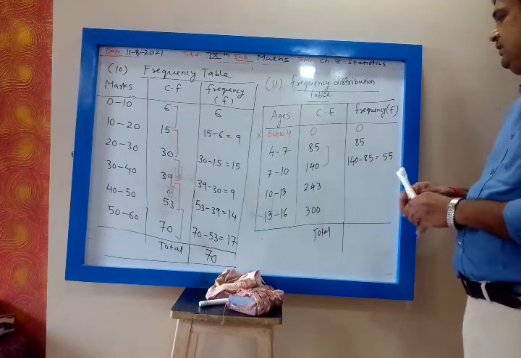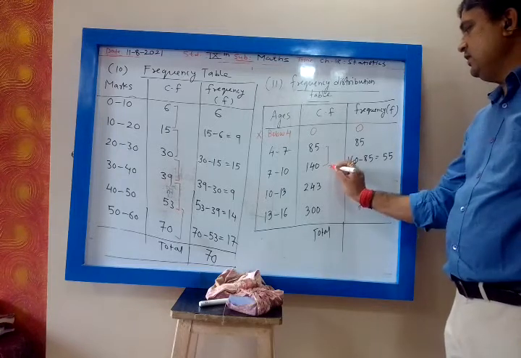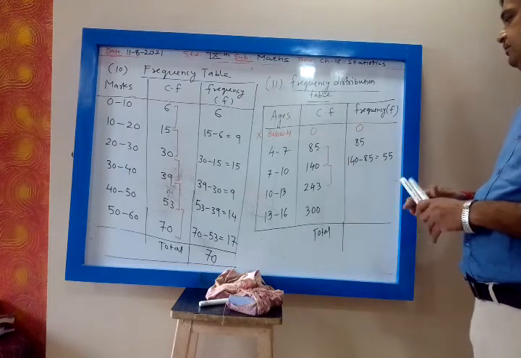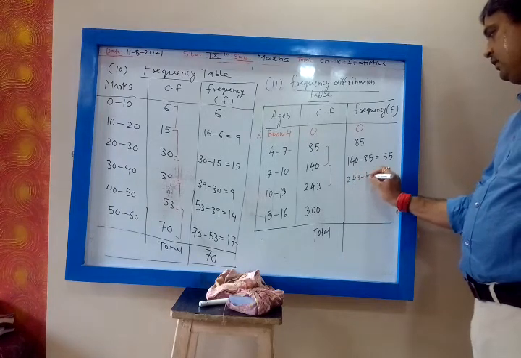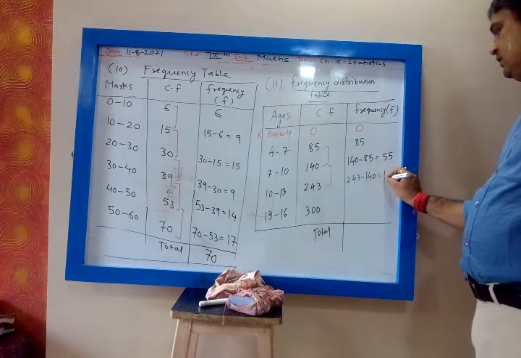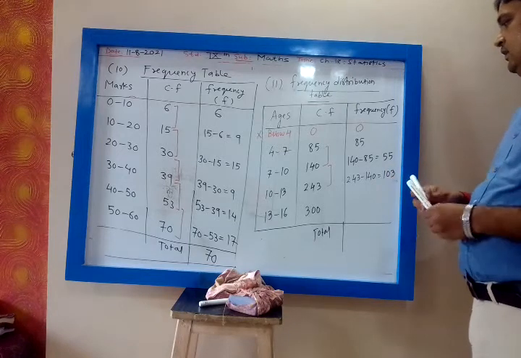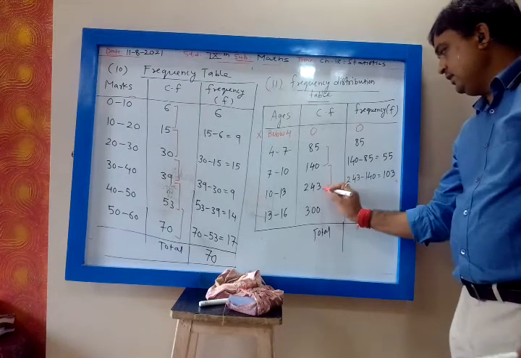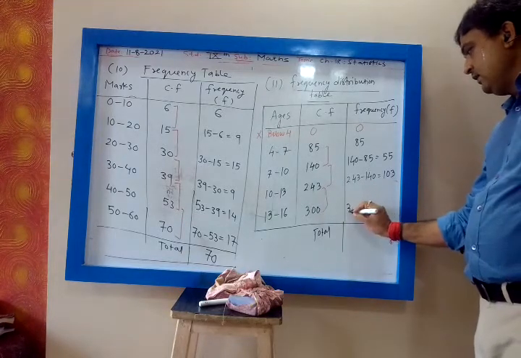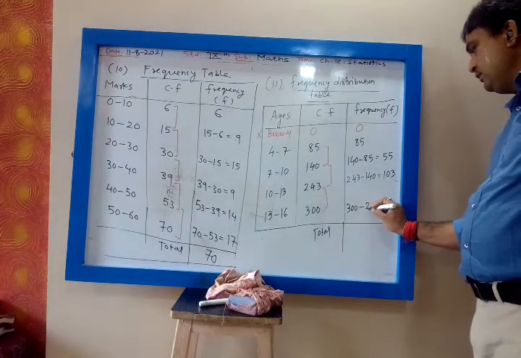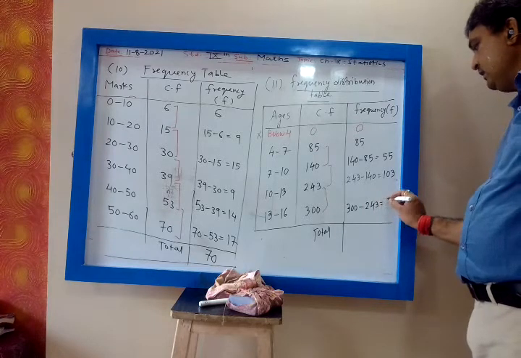Next, 243 minus 140 is 103. Then 300 minus 243 is 57.